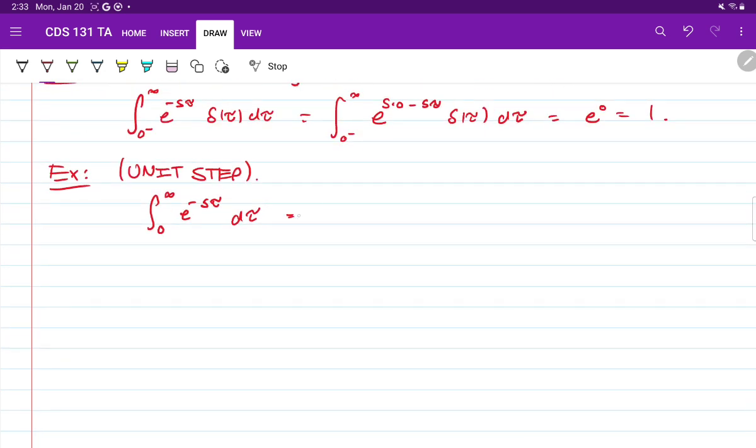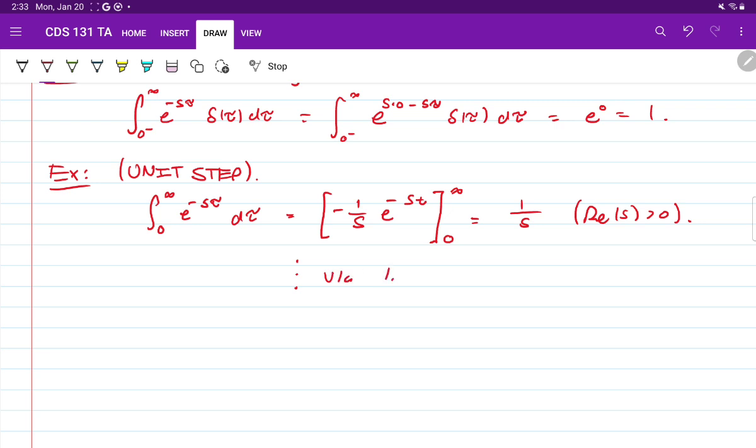Calculating this out, we get minus 1 over s, e to the minus s times t, where t goes from 0 up until infinity. What we'll find is that this converges to 1 over s, provided that the real part of s is greater than 0. And the other transforms follow just via integral calculations.